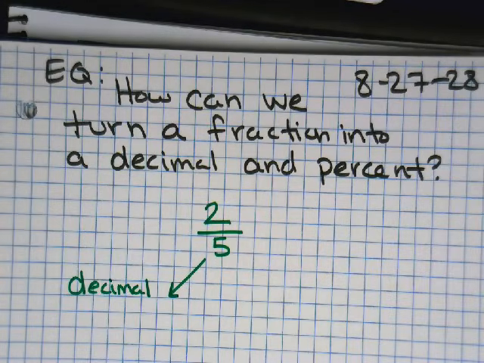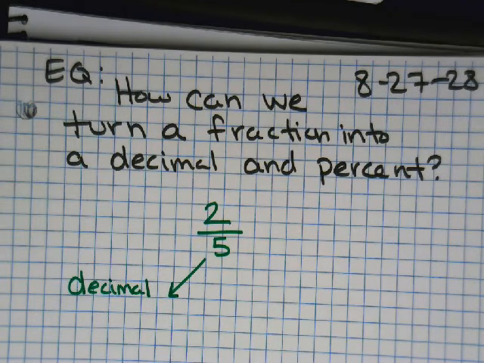Does anybody remember from 1 year ago, how do I turn a fraction into a decimal? Anybody remember from 6th grade? Yes. It is divide. Very good. You are right.